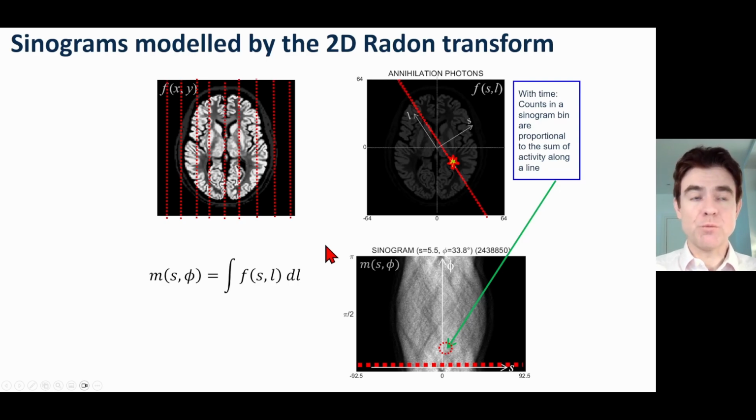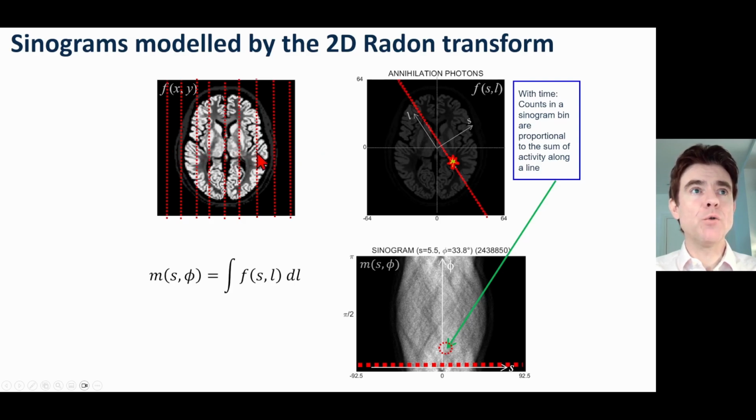And so maybe that's also why we use the terminology 2D X-ray transform. So what we're saying is that we can relate what we're wanting to find, the function f of S and L, to what we actually measure, the sinogram, through simply a line integral equation.